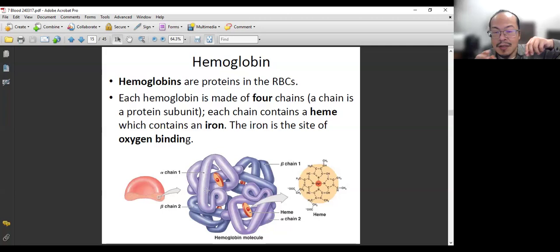The thing that gets packed in each of the 4 chains is called heme. So this is a heme, and we expand it. You can see that this is a heme. Heme is a chemical structure, and it gets packed into each chain of a globulin. So what is a hemoglobin?